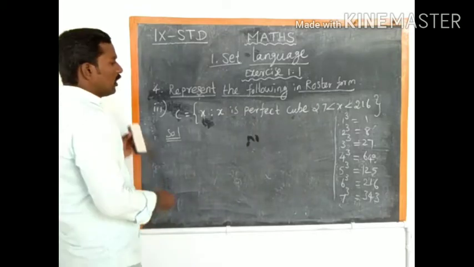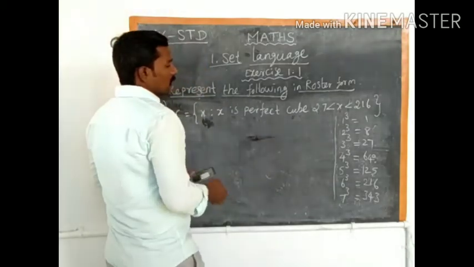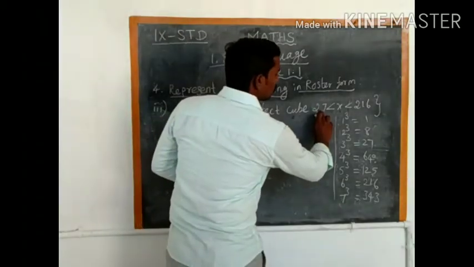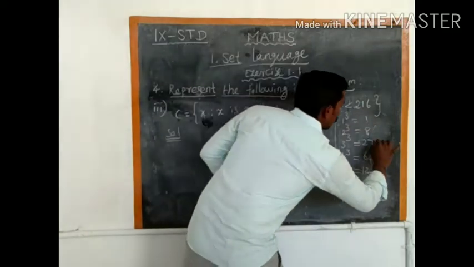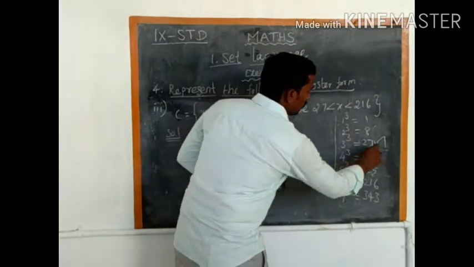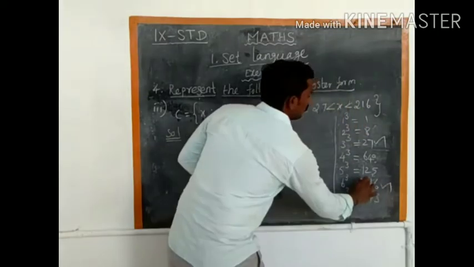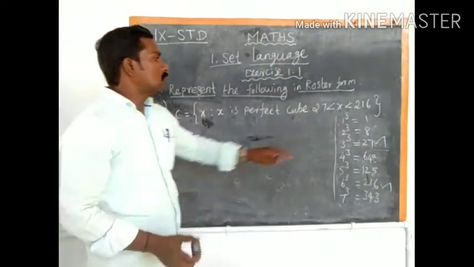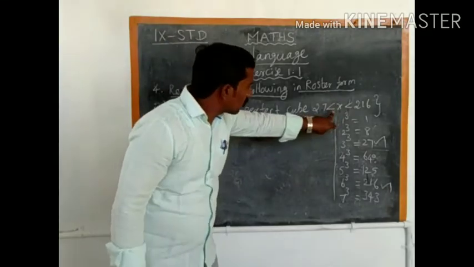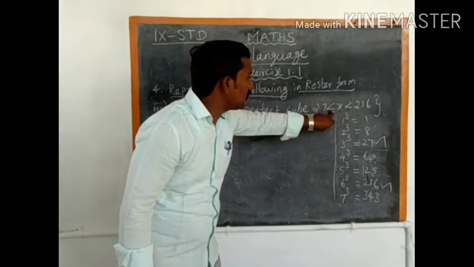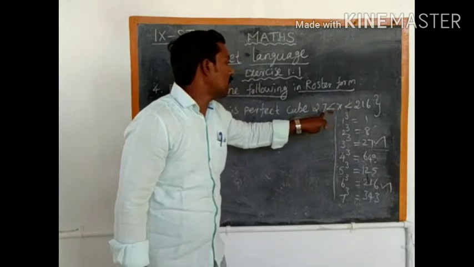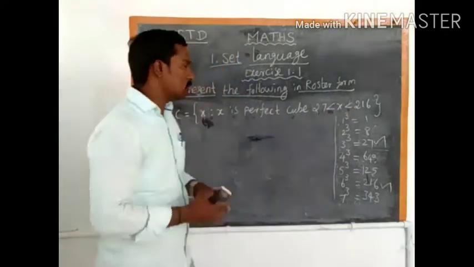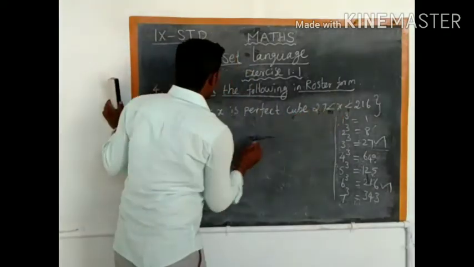Okay, so here the question is the cube numbers that lie between 27 and 216. Between the cube values 27 and 216 you have two numbers. Also consider the condition strictly less than, so don't take the limit values, only take and write the values in between.